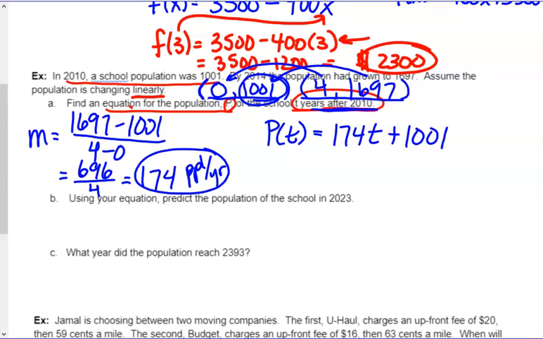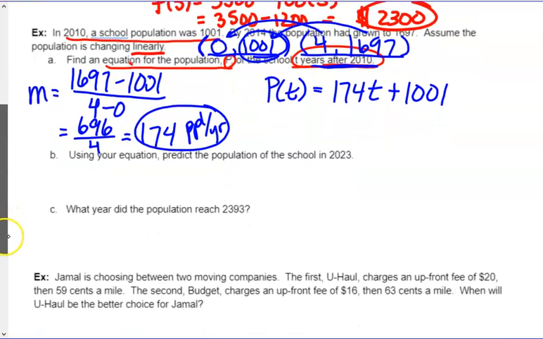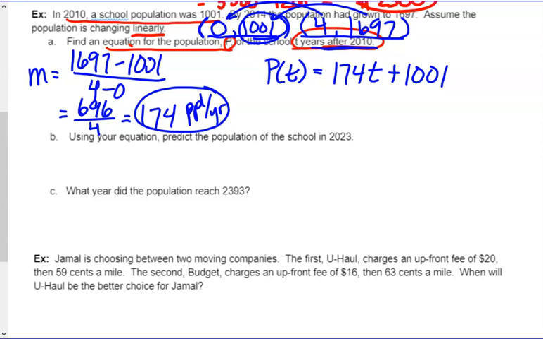And once we have that function, we can start plugging in values, doing what we call interpolation or extrapolation, where we are projecting things between 2010 and 2014, and we're even making projections past that. So I want to use your equation and predict the population.